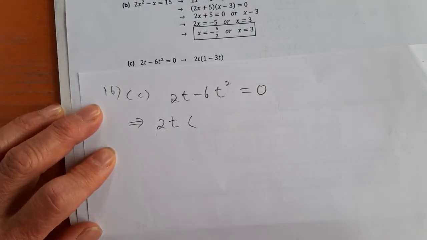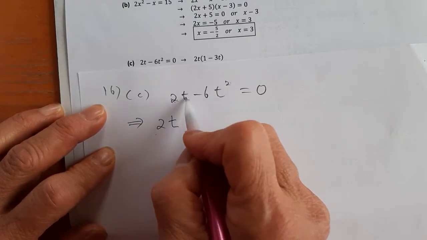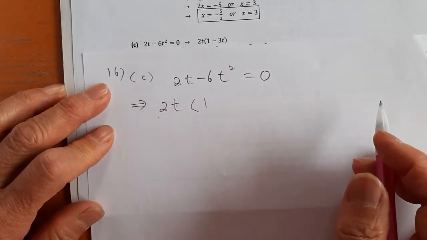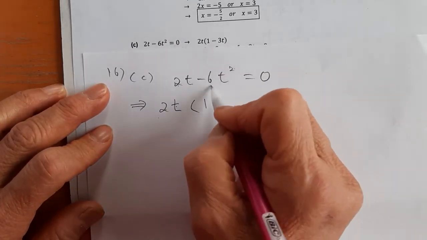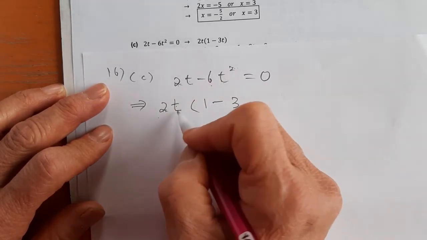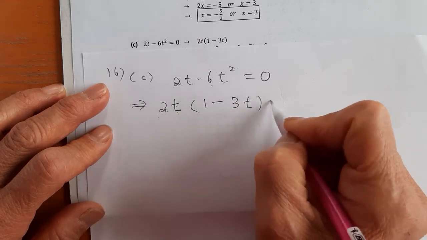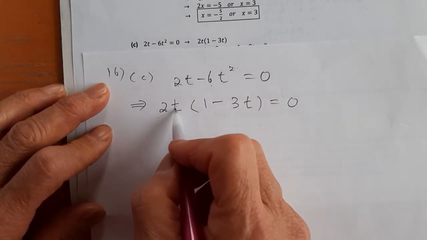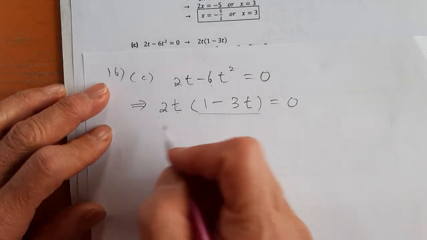Factor out 2t. 2t over 2t gets 1. And minus 6t squared over 2t: 6 divided by 2 is 3, t squared over t cancels t, and you get t. So the factors are 2t times 1 minus 3t equals 0.